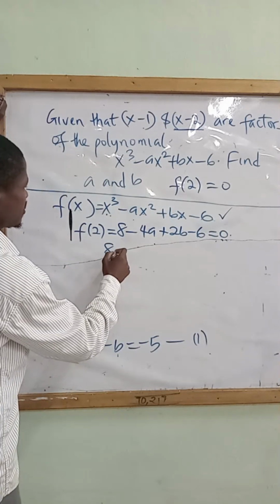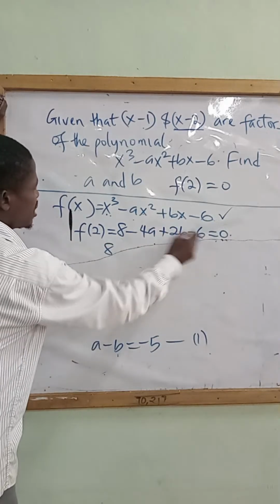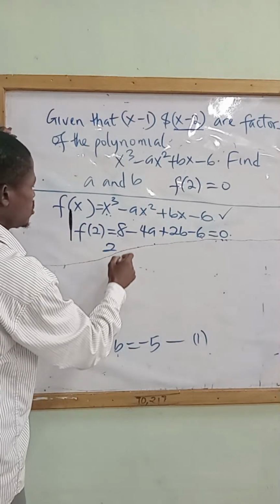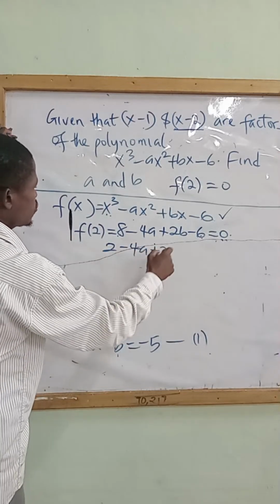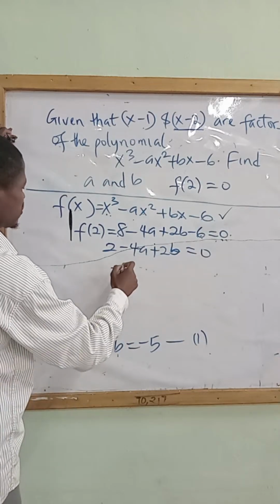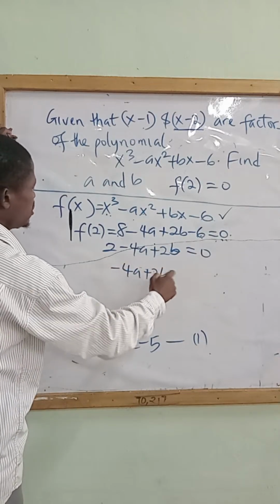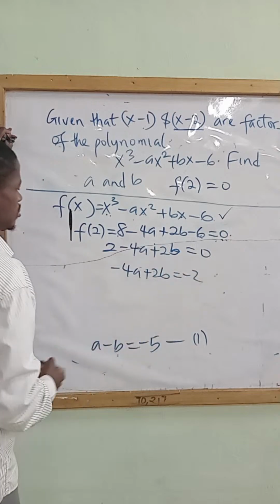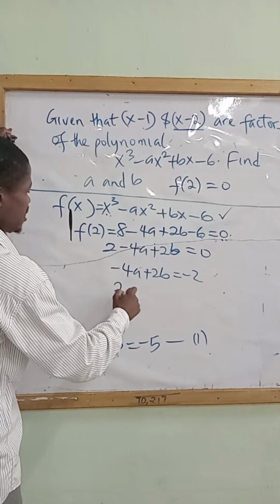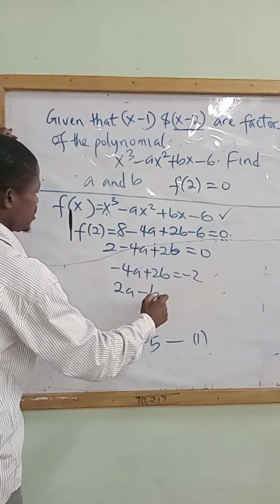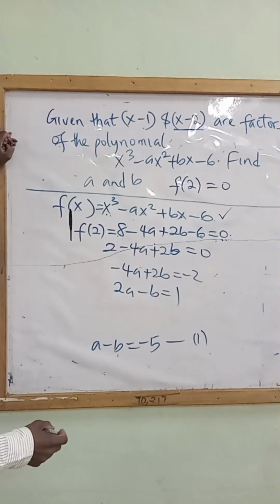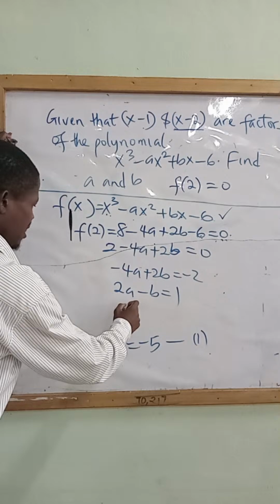Now 8 minus 6 is 2, so 2 minus 4a plus 2b equals 0. So minus 4a plus 2b equal to minus 2. Divide the equation by minus 2. So we have 2a minus b equal to 1.